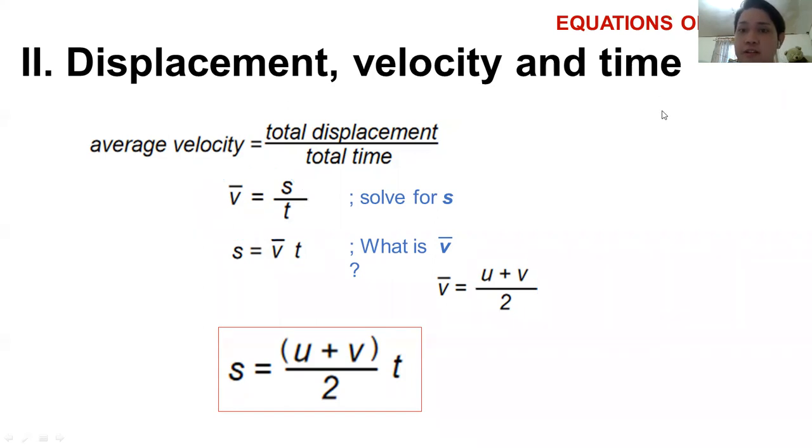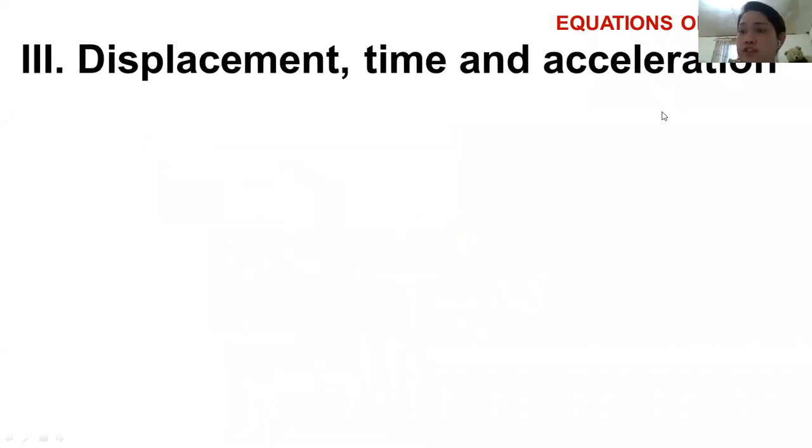Now we will try to derive another equation related to displacement, which is equation 3. Equation 3 is displacement, time, and acceleration. Compared to equation 2, which is displacement, time, and velocity, equation 3 is related to displacement, time, and acceleration.